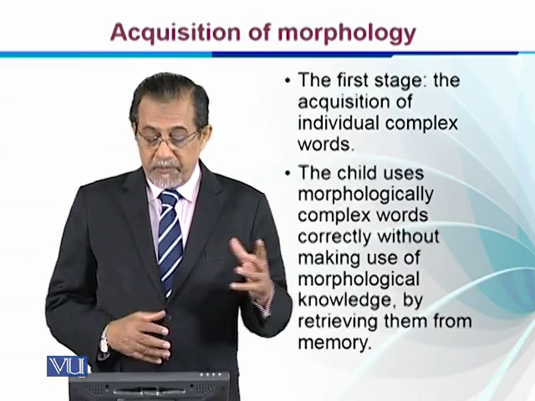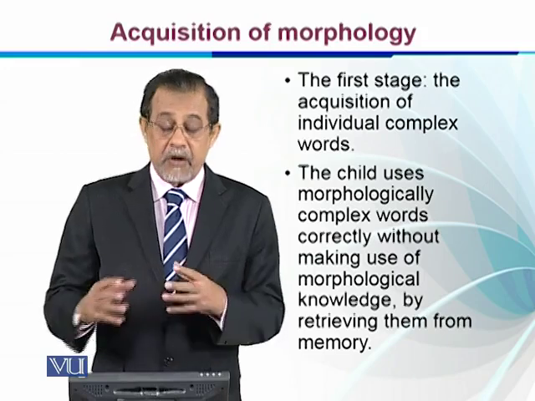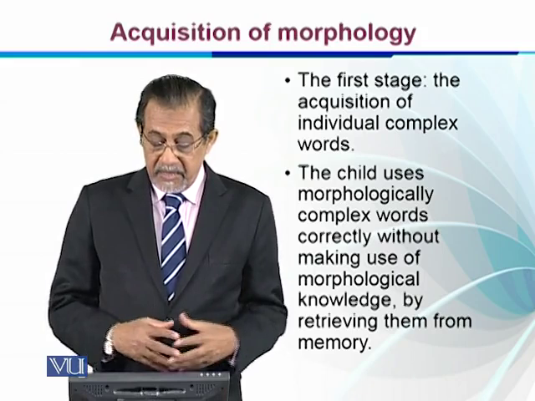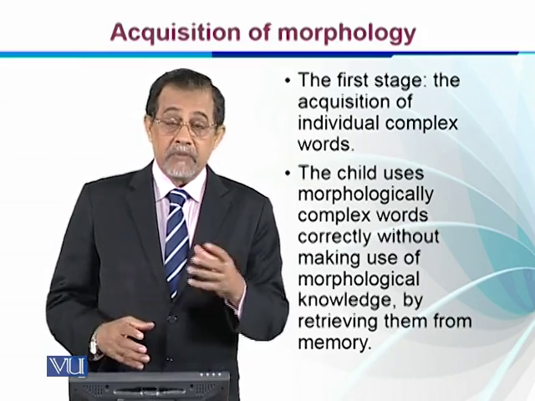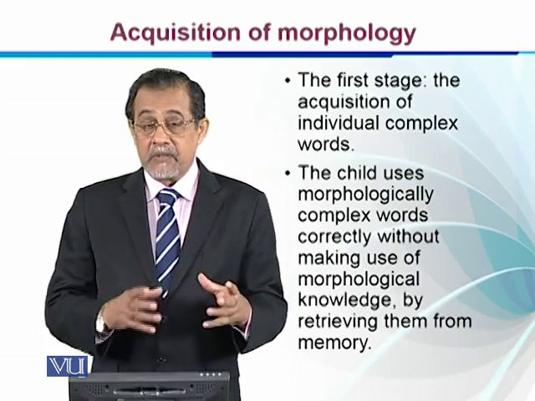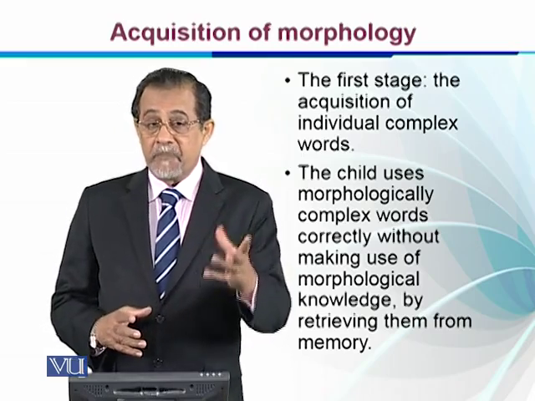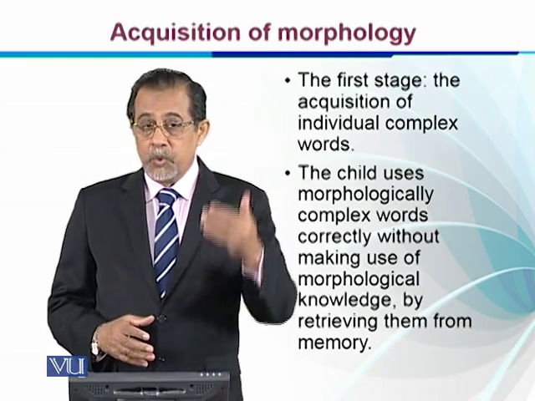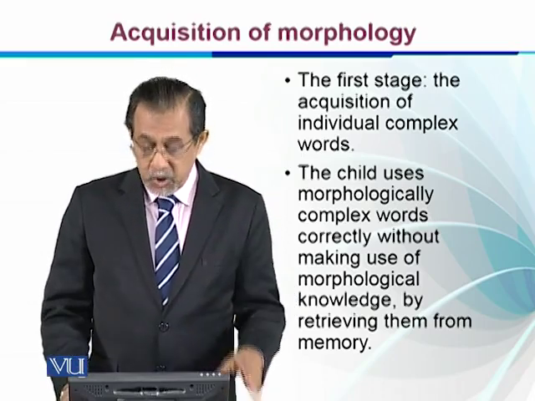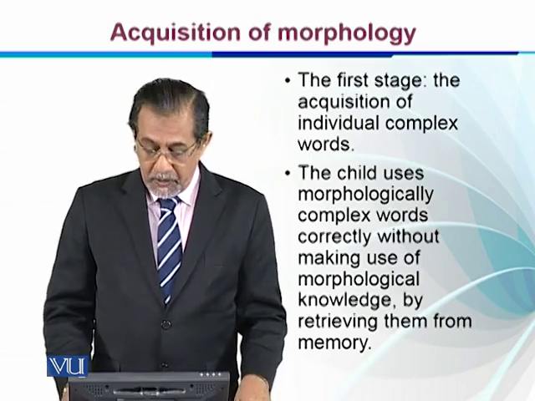The child uses morphologically complex words correctly without making use of morphological knowledge, by retrieving them from memory. So according to this, the child has learned how to use complex words. He directly uses those complex words from his or her memory instead of applying some rules.